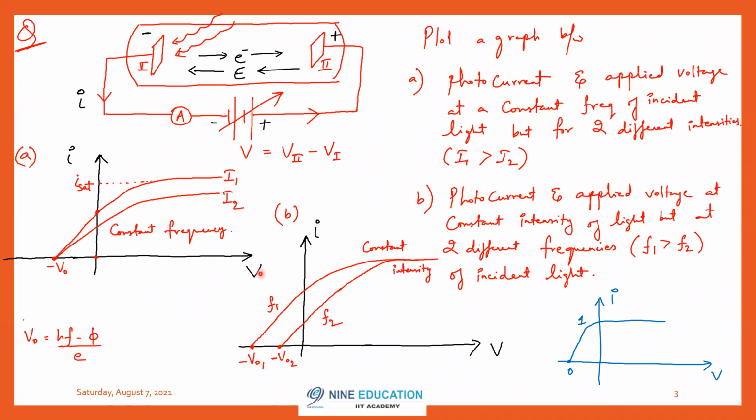Keep on increasing the voltage. There will be a certain voltage where all the electrons ejected here are reaching here. Further, if you increase the voltage, there is no impact on the electrons because all of them are already reaching here. That is when current becomes saturated. Did you understand, all of you?